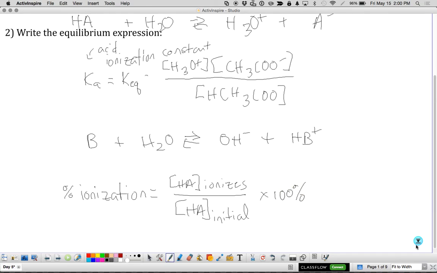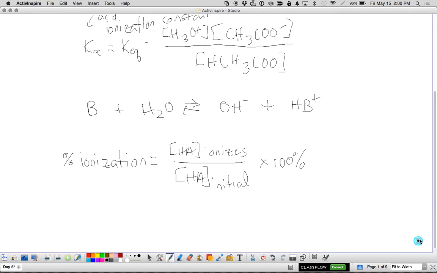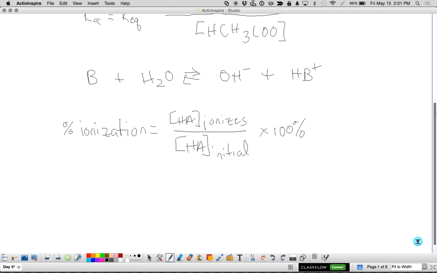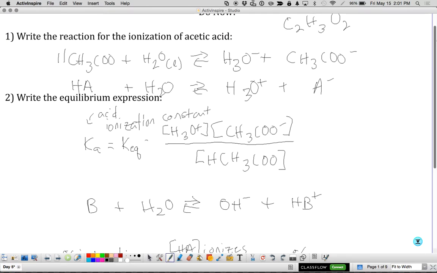Okay, well, that's great and everything, and yay, I have an equation for percent ionization. But I'm going to argue that this is maybe not the best equation that we could come up with. Because if I look up here, any acid that ionizes forms H3O plus and A minus.